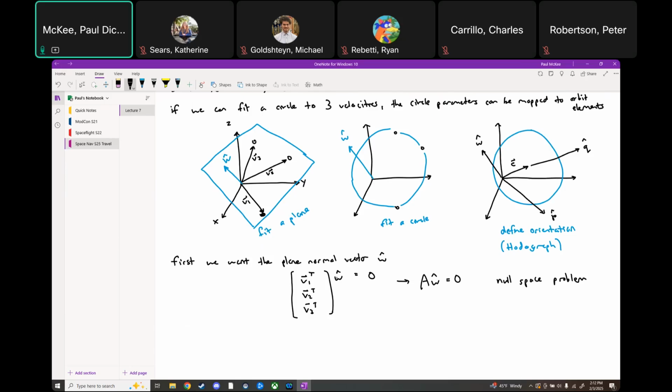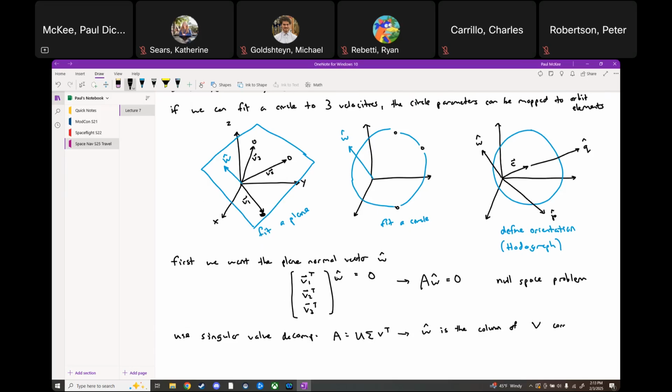And in this case, the way we would solve this problem is using singular value decomposition. So we use singular value decomp. We'll say A is equal to U sigma V transpose, and then W hat is the column of V corresponding to the nearly 0 singular value.